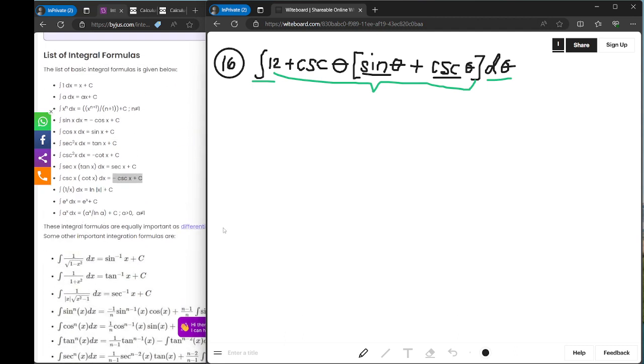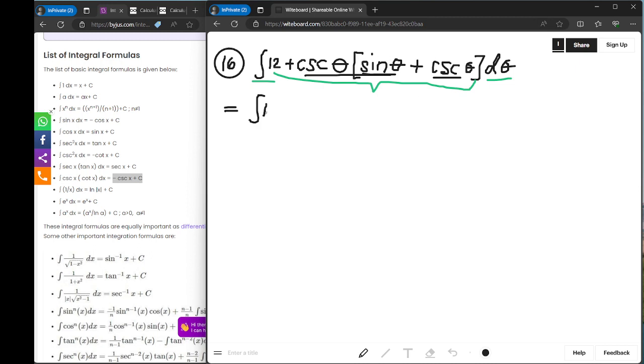So we might need to combine first these so that we can find the integral. Now let's start to solve. I can rewrite this. I can distribute cosecant to the bracket.